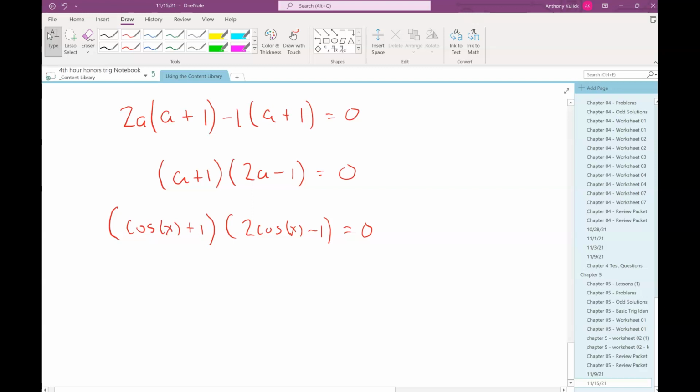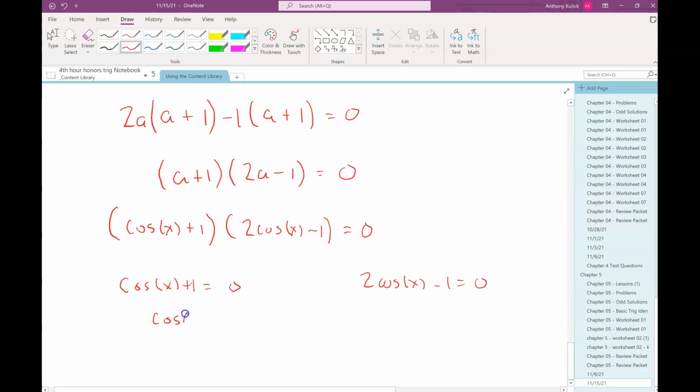Still doing okay? So now I can apply the zero product property and set each of my two factors equal to 0 and solve them separately. So I have cosine x plus 1 equals 0 and 2 cosine x minus 1 equals 0.